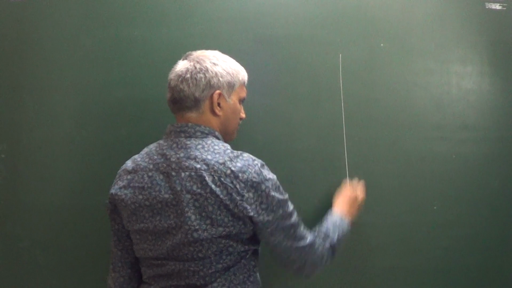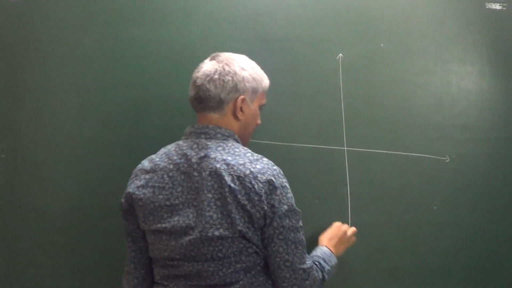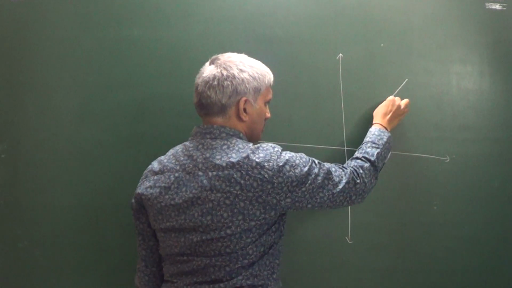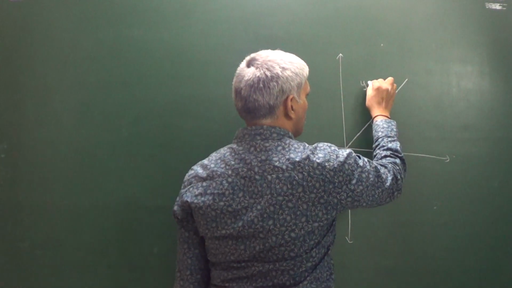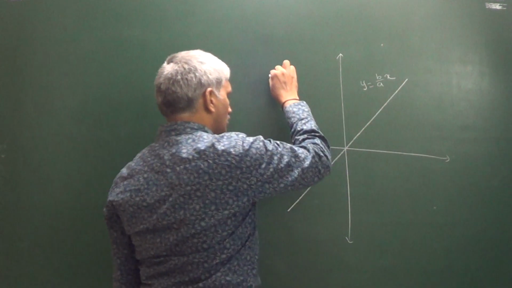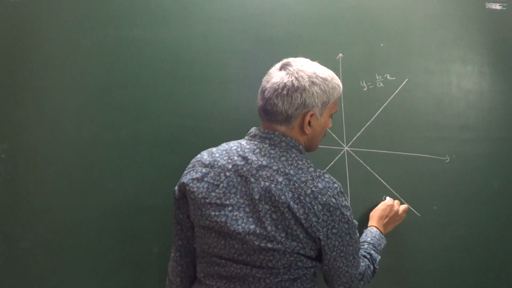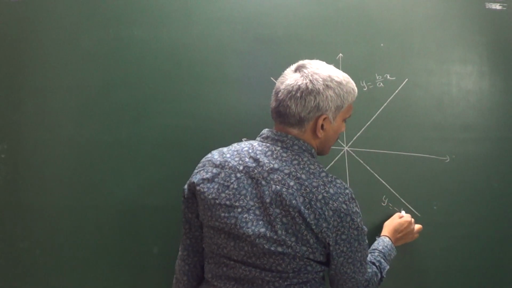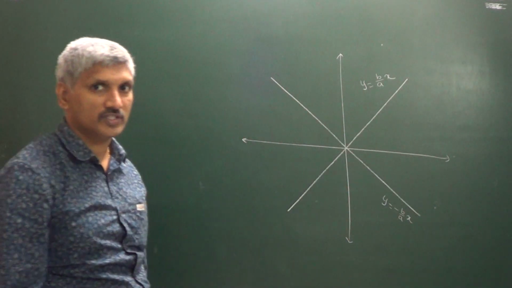As we discussed, this is one asymptote. That equation we got, y is equal to b by a into x, and this is another asymptote. That equation is y is equal to minus b by a into x. These are the two equations of asymptotes.